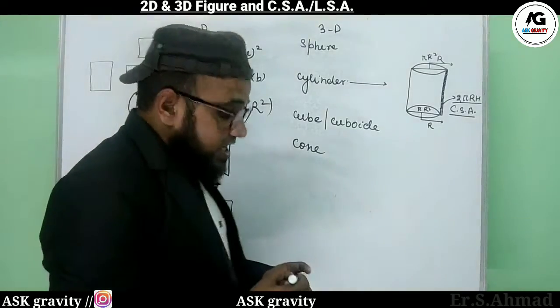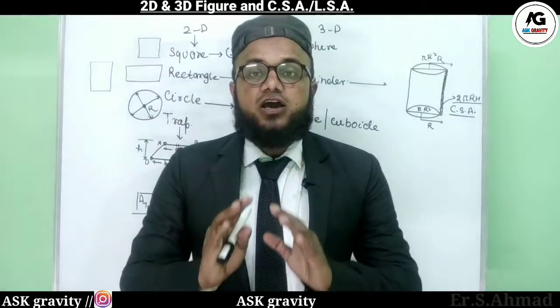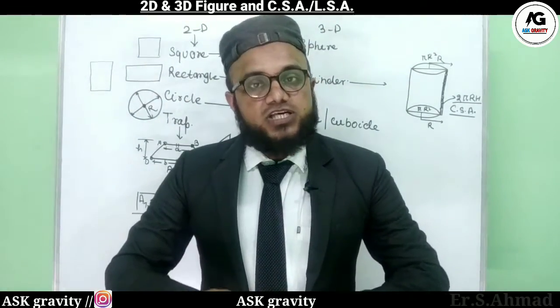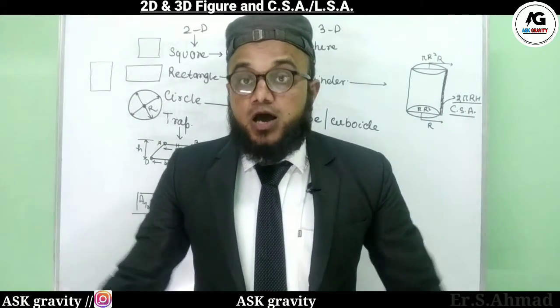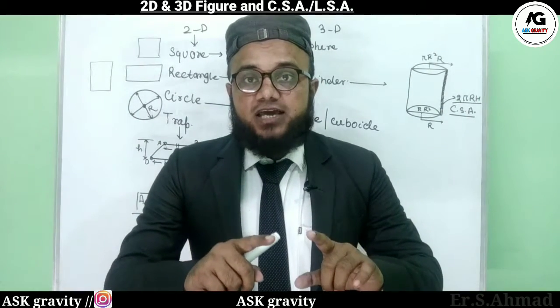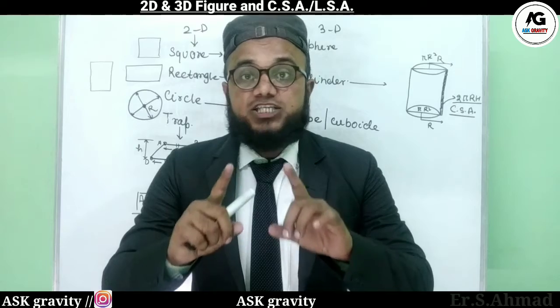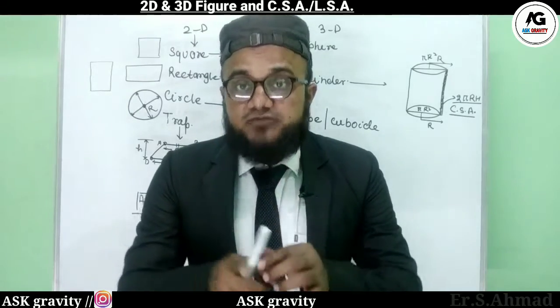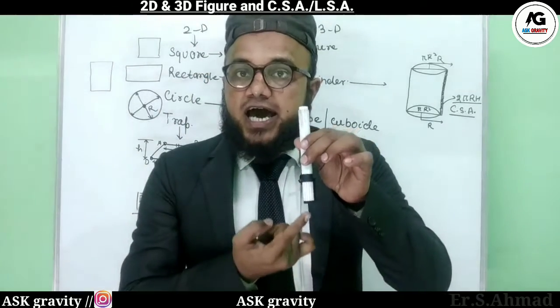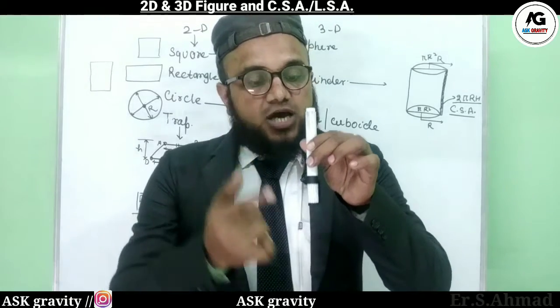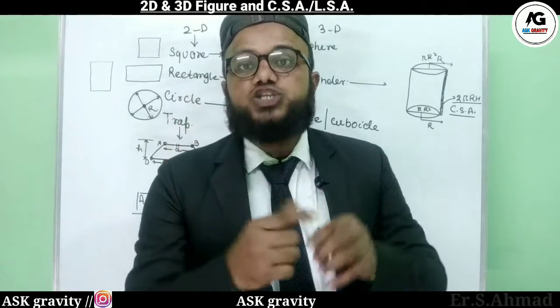If the question does not say that one part of the cylinder is open, we have to calculate the total base area, that is pi r square plus pi r square, that is 2 pi r square.